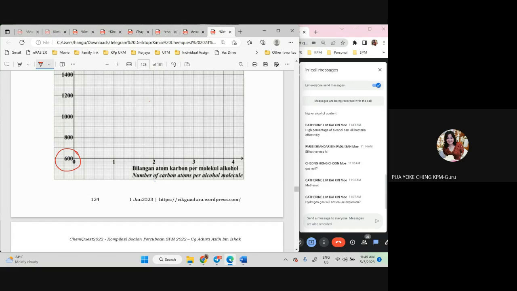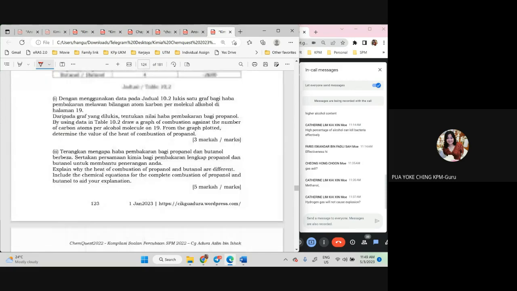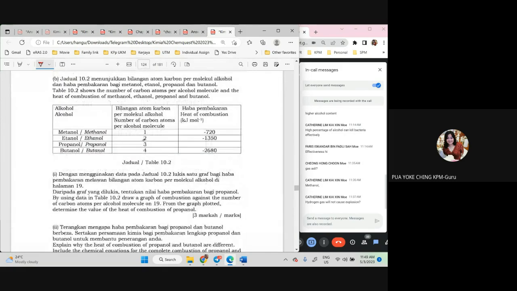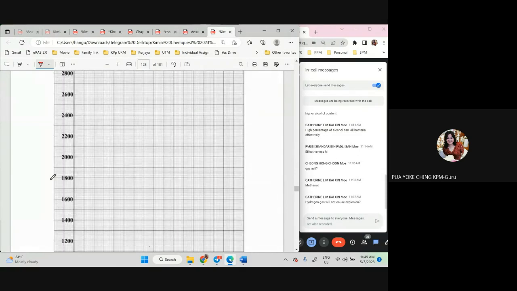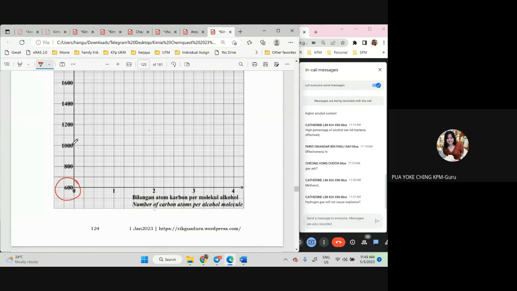First one, heat of combustion. Dia bagi macam ni kan? Negative ini ignore. You will not put into the graph. This is not integer negative. The negative, it just tells you that the heat energy is released. So you tengok, your graph will start with positive sign.